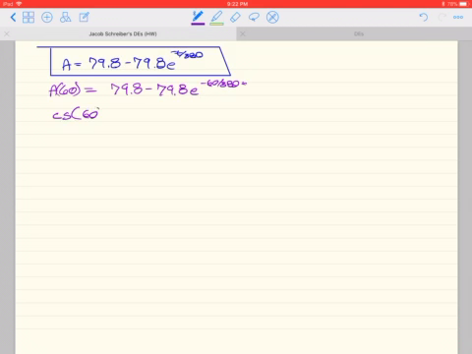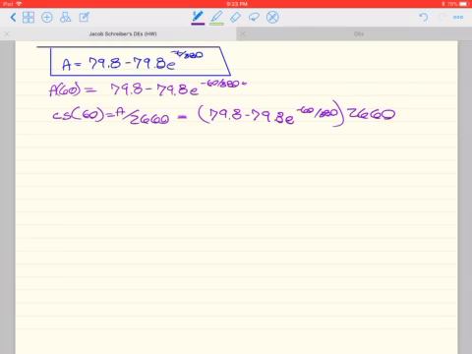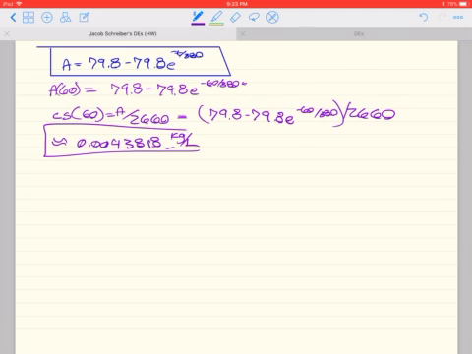The concentration of sugar at time 60 is equal to A over 2,660, which is 79.8 subtracted by 79.8 e to the negative 60 over 380, and then that all over 2,660. Boom. And then we're done. And that gives us an answer of about 0.004318. All right, so there's our answer, and that's kilograms per liter.